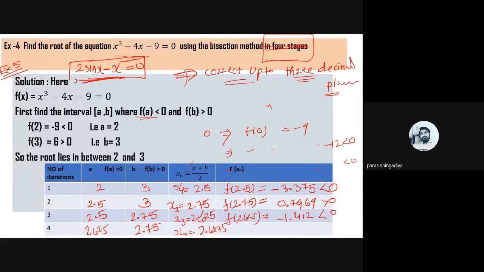Which value can we consider as a for 2 sin x minus x equal to 0?